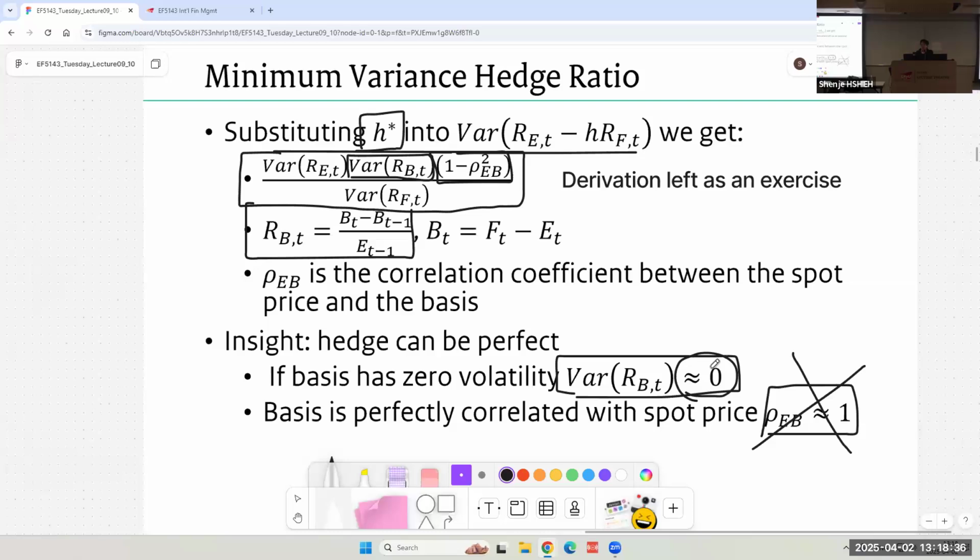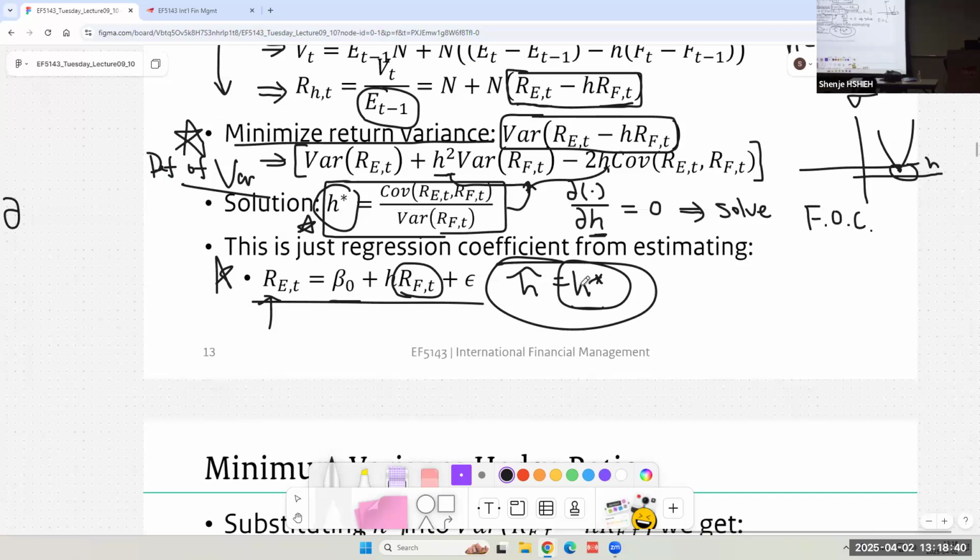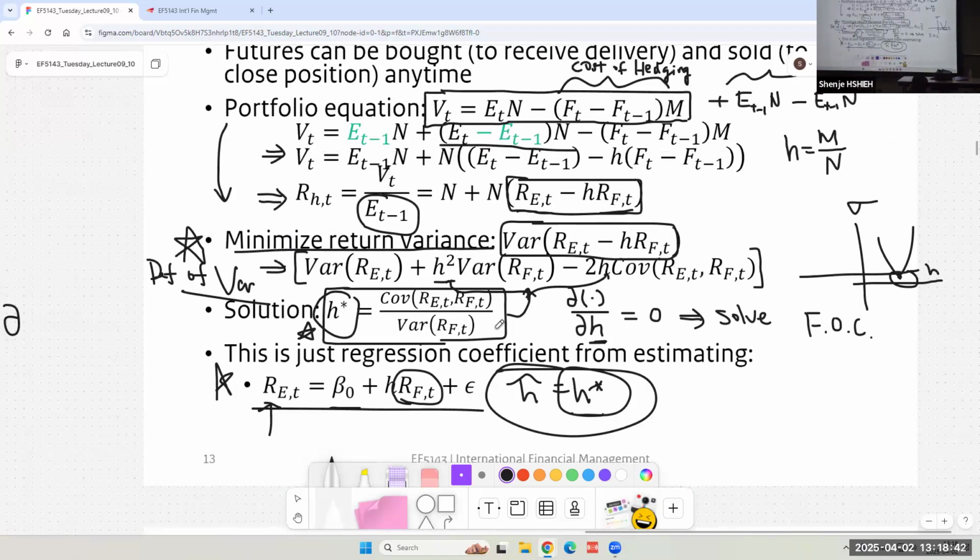Comments, questions? So the recap is, after understanding how to identify the number of contracts to use to hedge, that's H star, we now have to think about whether there are different types of futures and forward contracts that I can use to hedge if I can't find the ideal one.